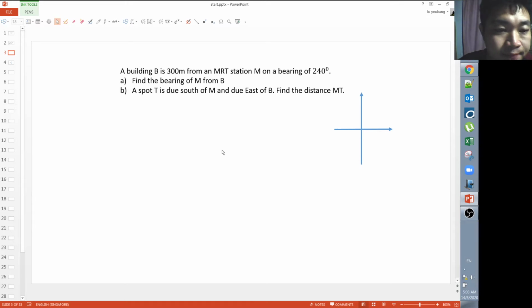It says a building B is 300 meters from an MRT station M on a bearing of 240 degrees. Let me introduce you to the concept of bearing. Over here I have a compass. Let me write down the north of the compass.